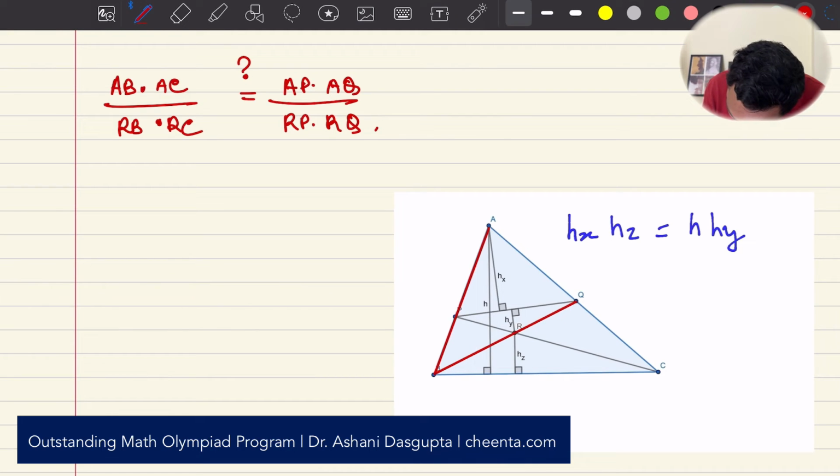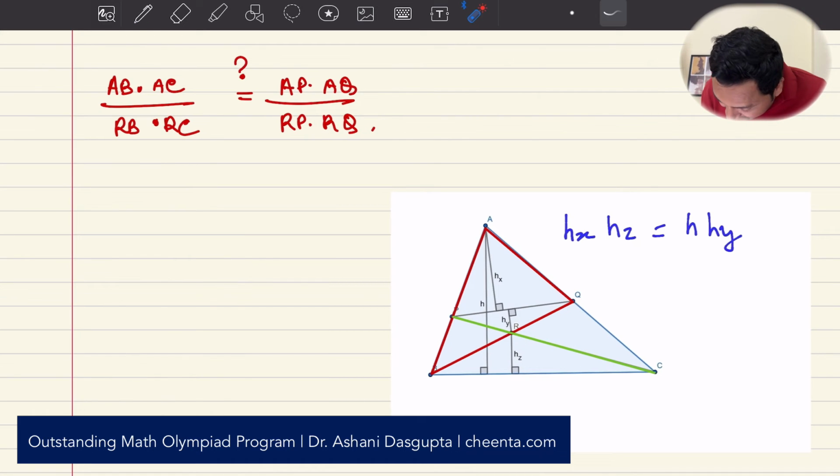This red thing is the triangle, and this is the transversal. So how do I do it?